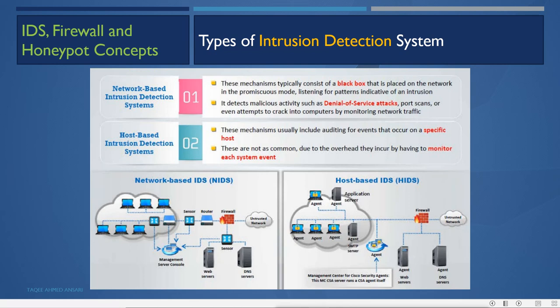It detects malicious activity such as denial of service attacks, port scans, or even attempts to crack into a computer by monitoring network traffic. So this is network-based, sitting in a place like a black box, and it will keep monitoring the network for different kinds of intrusion attacks. And it is a single host.